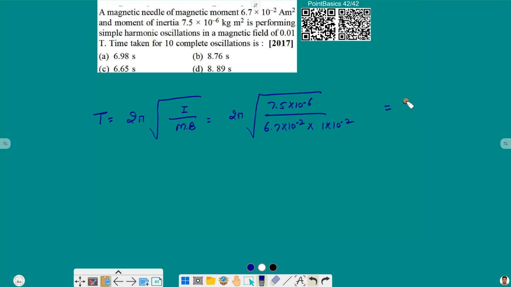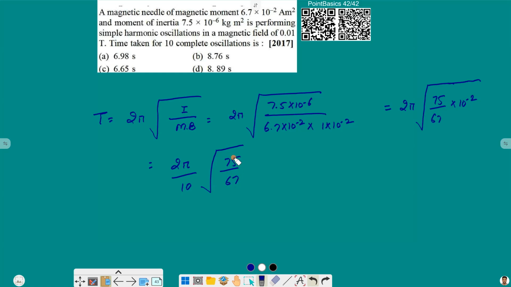This is 2 pi into 75 by 67 and 10 raised to power minus 2. Now 10 raised to power minus 2 will come outside under the root, so it will be 2 pi, 10 raised to power minus 1. So 2 pi by 10 into 75 by 67.